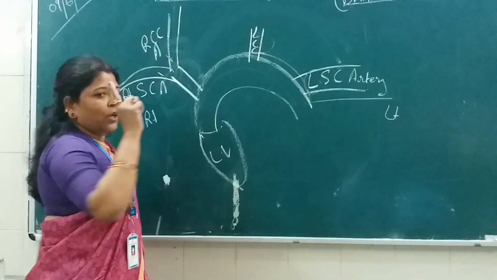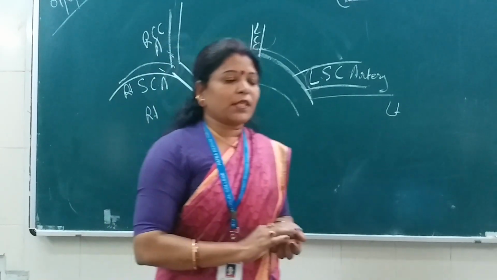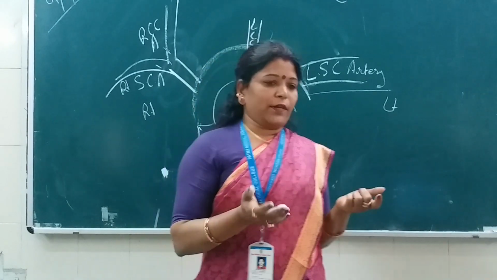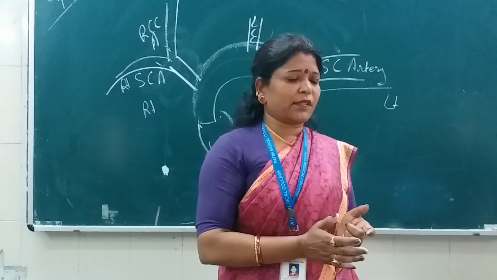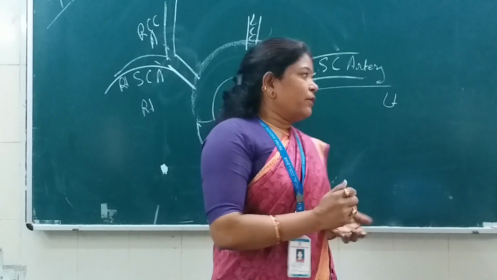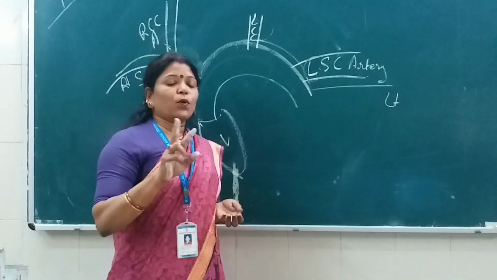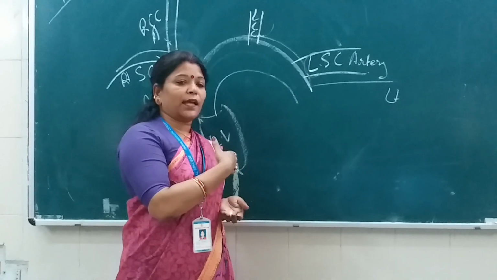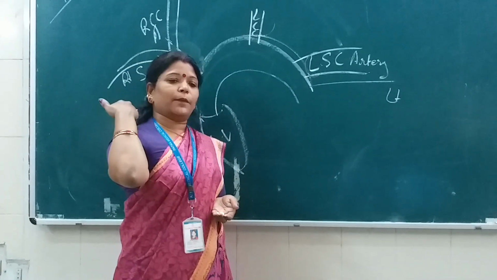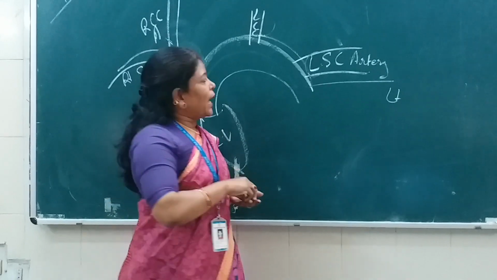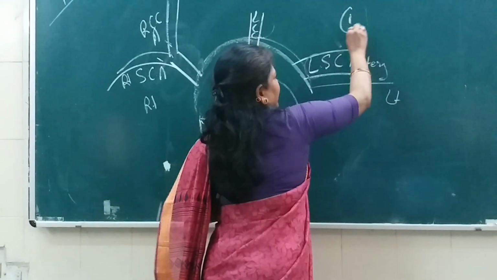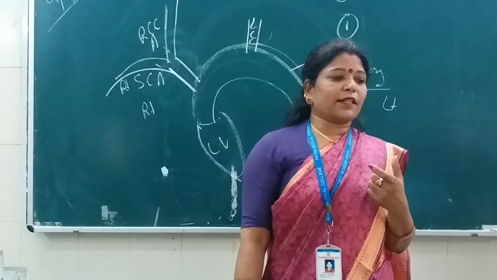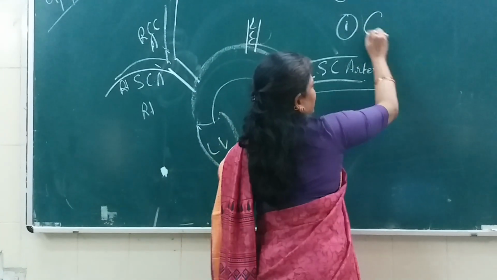Among these sets, which set is responsible for supplying the brain as well as the spinal cord, that means the whole of the central nervous system? You should know that there are 2 arterial systems. One is anteriorly placed and the other is posteriorly placed. The anteriorly placed system is known as the carotid system.